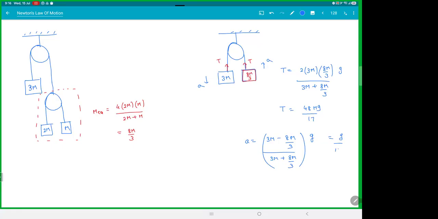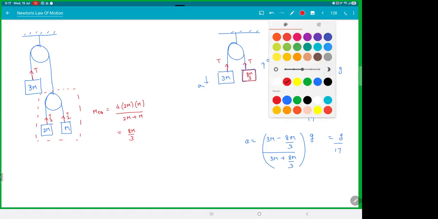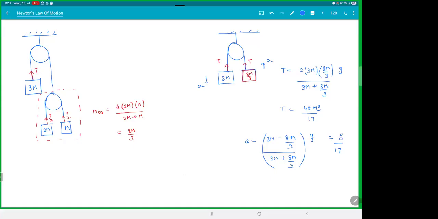Then how do we get it for the remaining guys? We know the tension already. We know if this is tension T, then this will be T by 2 and T by 2. So draw the free body diagrams of m and 2m separately. So for 2m, this tension will be T by 2, which is 24 mg by 17. Your weight is 2 mg, and this is your acceleration A2.